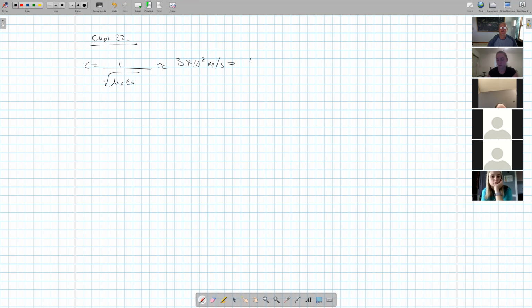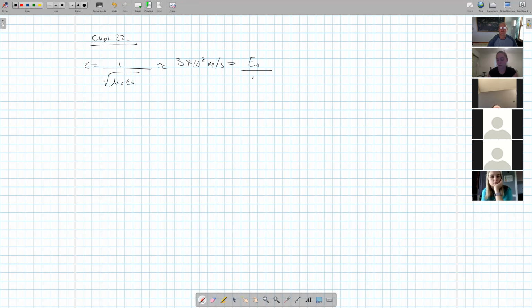It's also equal to the amplitude of the electric field divided by the amplitude of the magnetic field, which is also equal to the RMS value of the electric field divided by the RMS value of the magnetic field. So this is the speed of light. And again, this is only true in vacuum. If it's not in vacuum, then it moves at a slightly different rate, depending on the index of refraction, but that was the next portion.